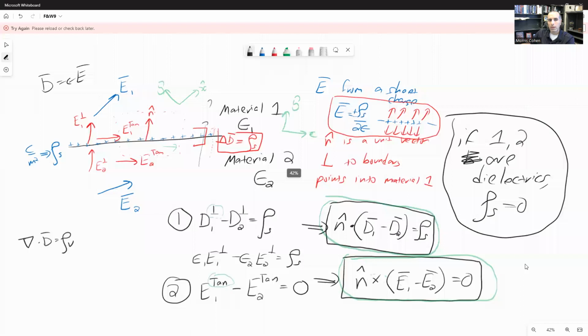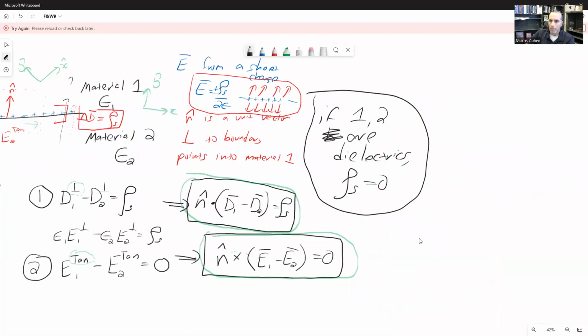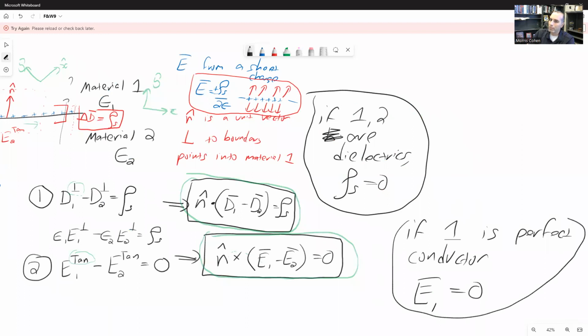We can also say that if 1 is a perfect conductor, for all intents and purposes, for most of the time, a metal, then we can also say that E1 equals 0. And the same, if material 2 is a perfect conductor, then we know that E2 equals 0. So this helps us simplify if we know something about the material.